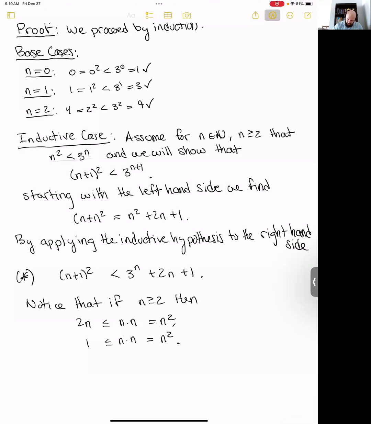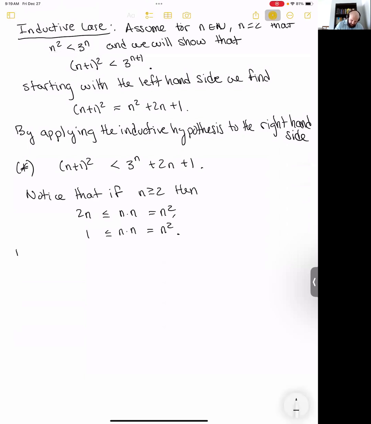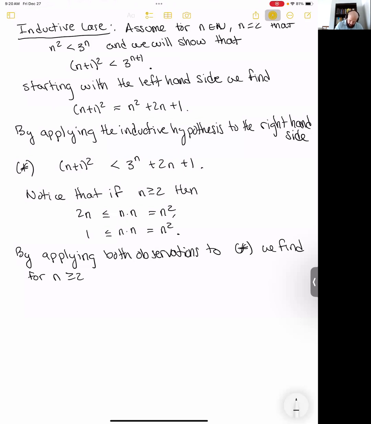So I give myself a little bit more room. So by applying both observations to star, we find, or let's just remind the reader again that we're in the case that n is bigger than or equal to 2, so again we get (n plus 1) squared is strictly less than, this is what we already had, but then we see that that's less than or equal to 3 to the n plus n squared plus n squared.